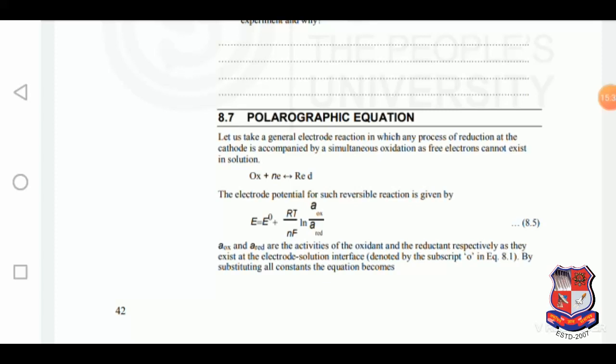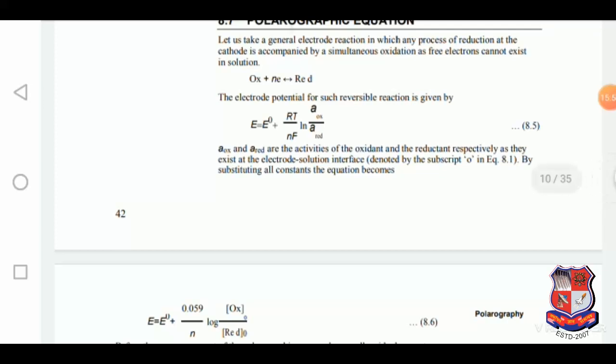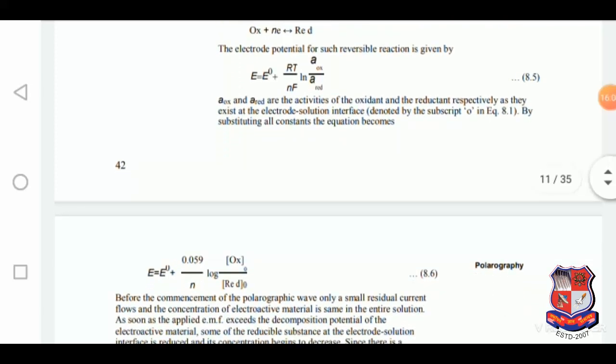Polarographic equation. There is an equation for oxidation and reduction: oxidant plus n electrons gives reductant. The electrical potential for such a reversible reaction is given by E is equal to E0 plus RT upon nF, natural log of a oxidant upon a reductant, where a oxidant and a reductant are activities of oxidant and reductant respectively as they exist at the electrode solution surface.